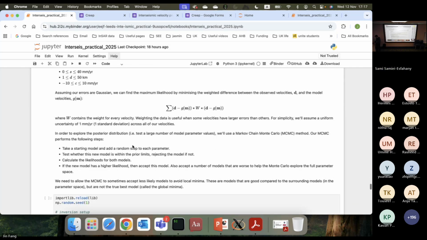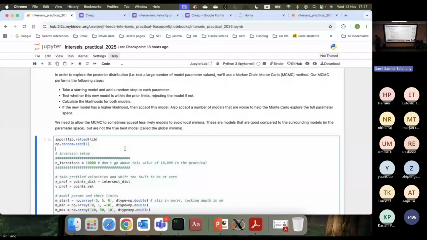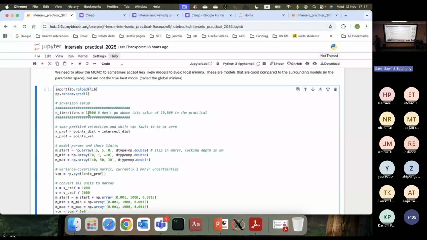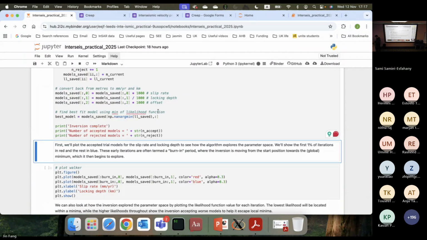So let's run this Bayesian inversion with 10,000 iterations.